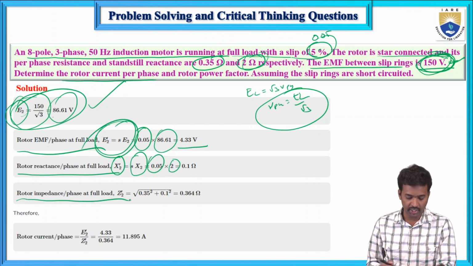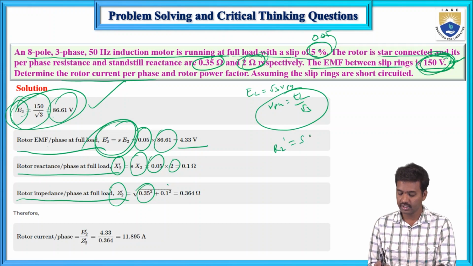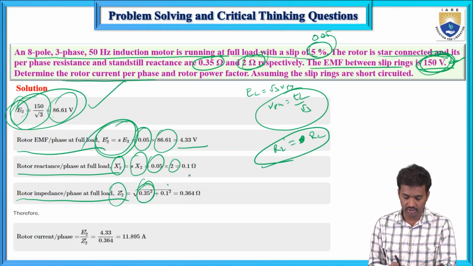Next, the rotor impedance per phase at full load, Z2 dash. R is fixed: R2 dash equals R2, not S into R2, it will not change. This one is fixed, and this one is S into X2.